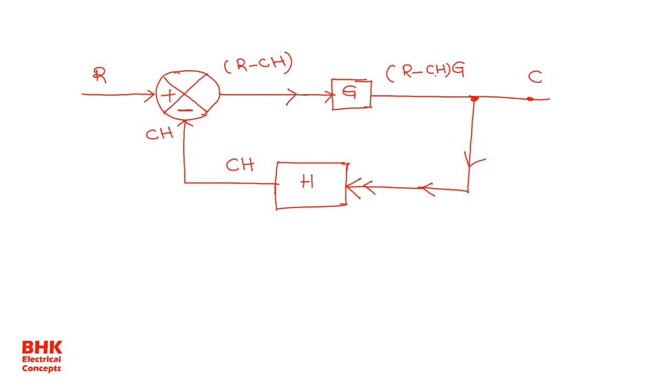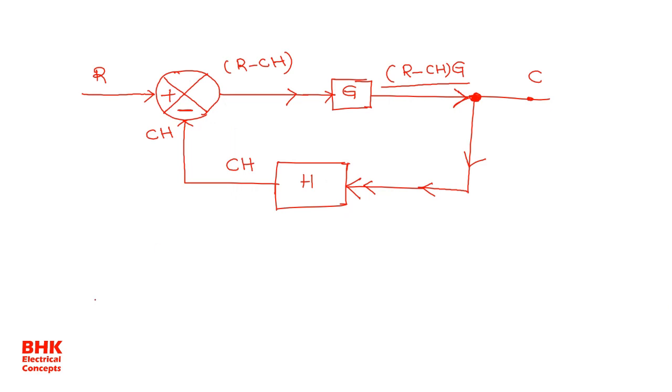This complete value is the output of G, and it is the incoming value for the output. So the incoming for the output is (R minus CH) into G, and C is the output. C is directly compared with the input to reduce the error value.